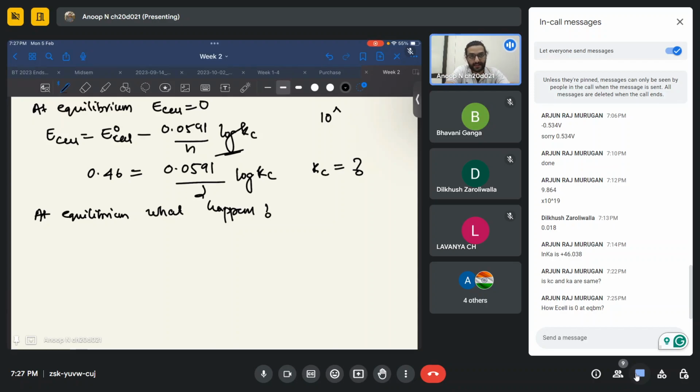As we have already seen, the equilibrium expression coming in the delta G expression and all, it is log activity. When we simplify it to standard state and equilibrium state, we can replace it by concentration. So in most cases in Nernst equation, we will be seeing concentration terms, but actually it's activity. What's the simplification, how at equilibrium what happens, you will see in the next class. So don't worry about it. Now please take it as at equilibrium E cell is 0.